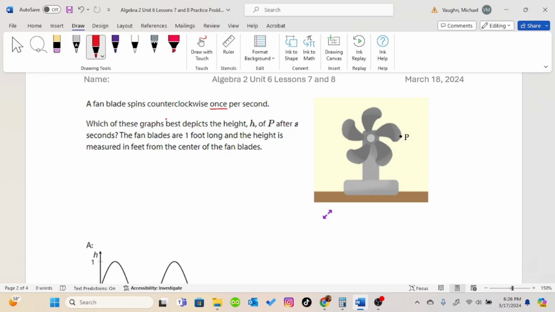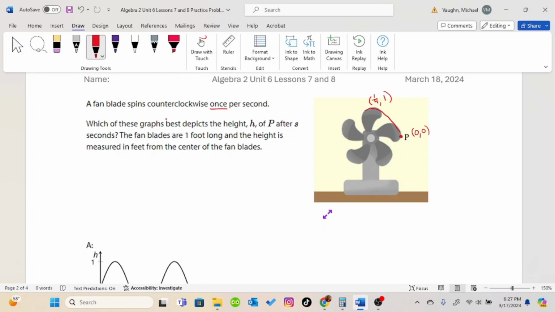So at this point right here, my y value is 0. So at 0 seconds, my height is 0. Now it's going to rotate counterclockwise, and at 1/4 second, my height is going to be 1.